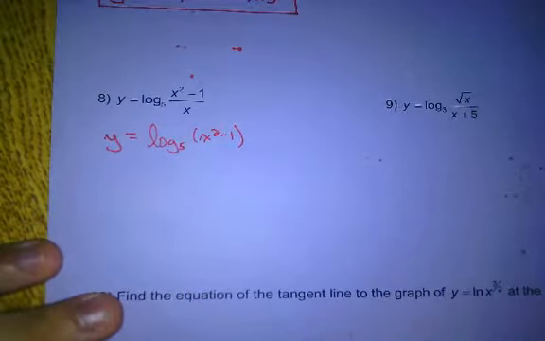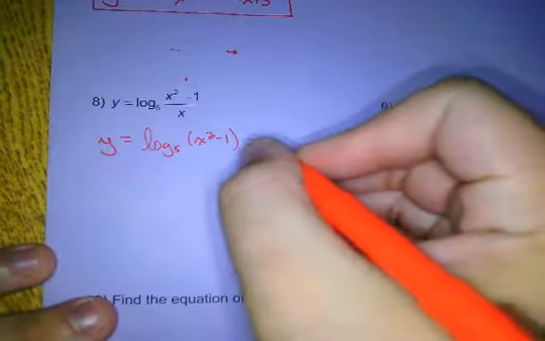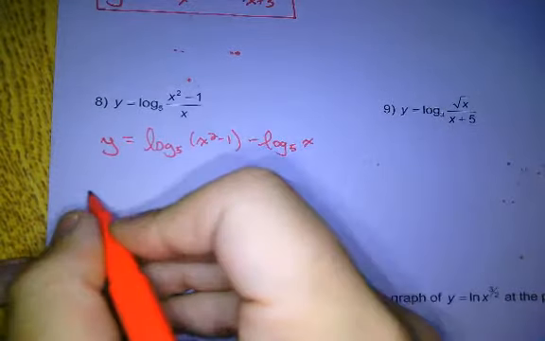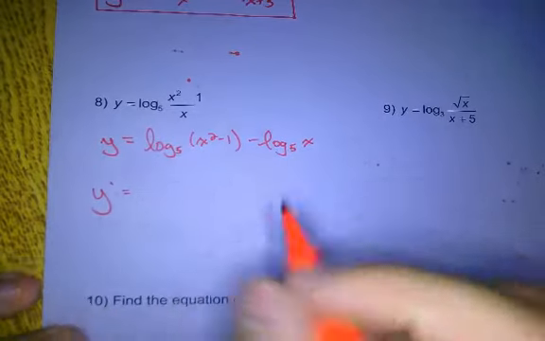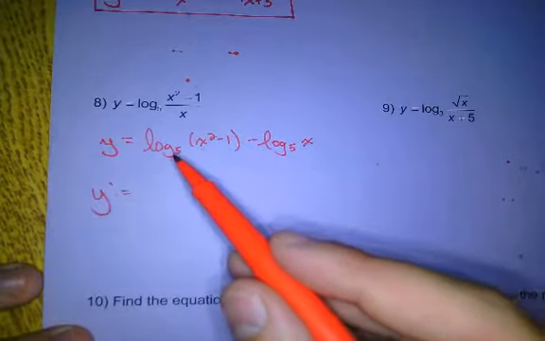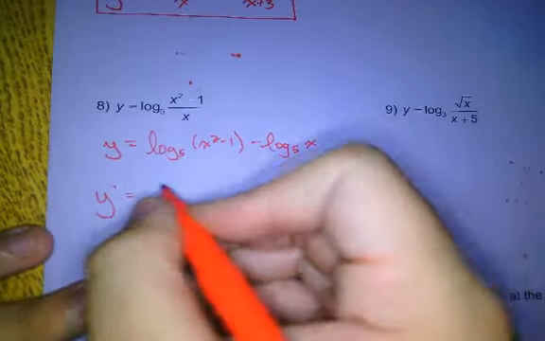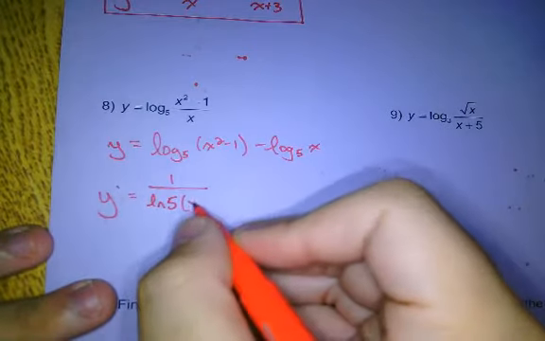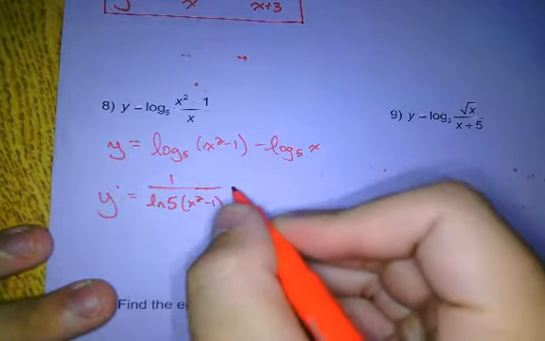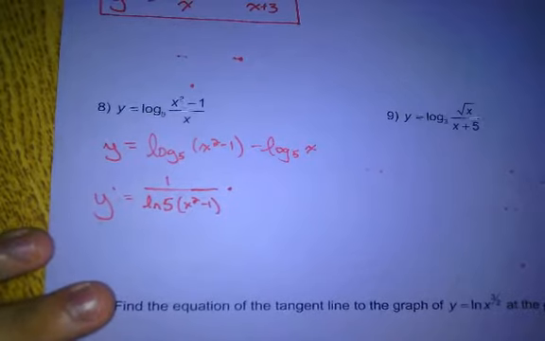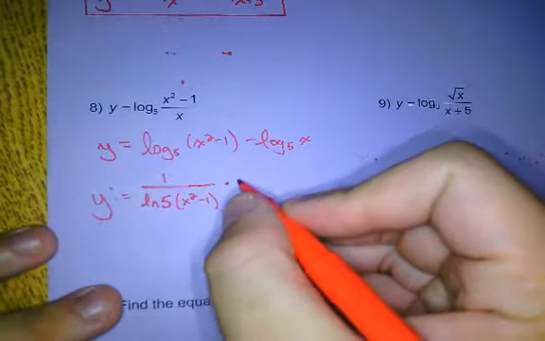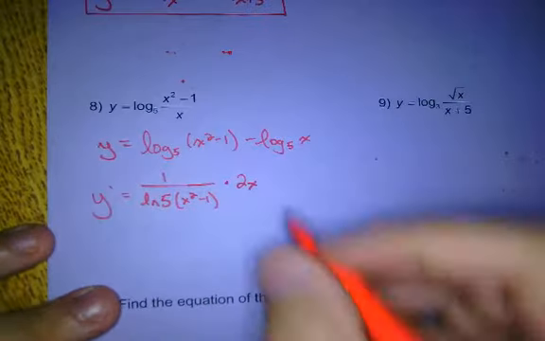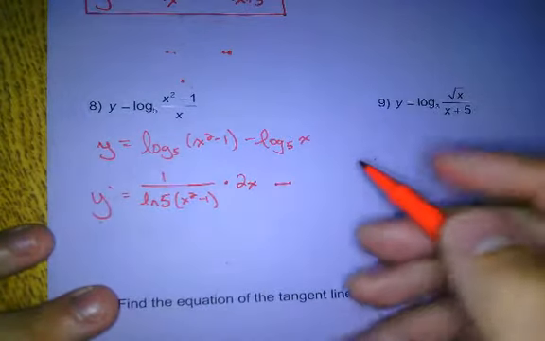Log base 5 x squared minus 1 minus. Okay. So the derivative of the first one. So let's rewrite the original. So it's going to be 1 over ln of 5 times x squared minus 1 times, what's the derivative of the inside? 2x minus, what's the derivative of this guy?